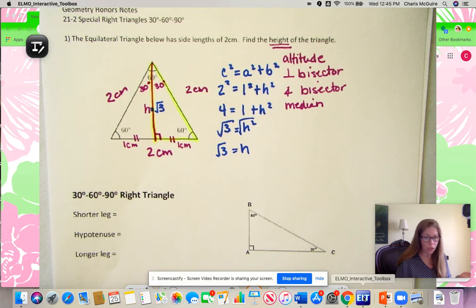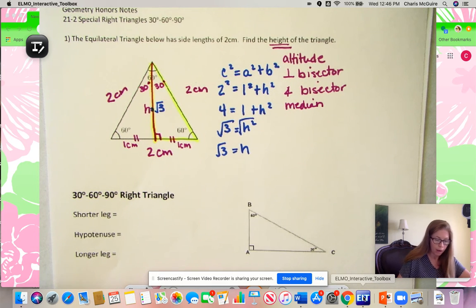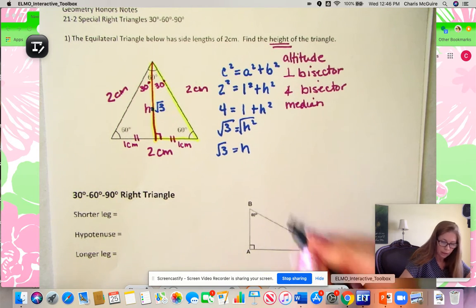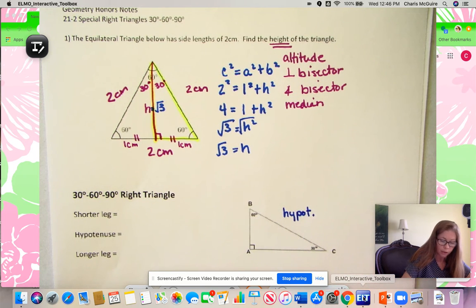And so we're going to go ahead and just bring what we've learned down here to the bottom. I have created a 30, 60, 90 right triangle for you down here. And a couple of things you need to understand is that the hypotenuse, BC, is always going to be the hypotenuse. So let's label that. This is your hypotenuse. And then you have the two legs.